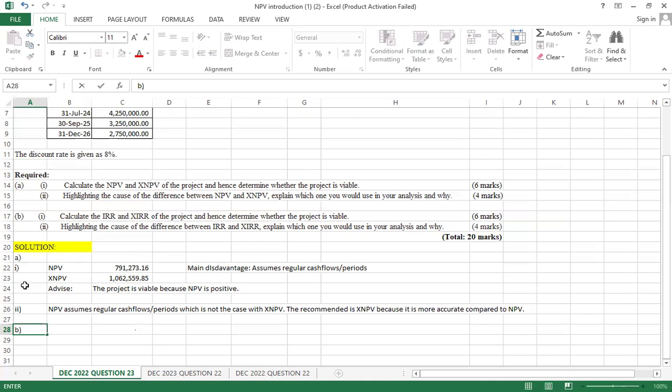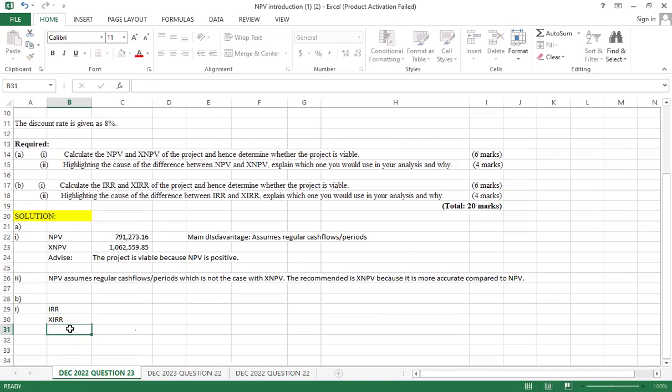Explain which one you'd use in your analysis and why. So in part one, we want to calculate the internal rate of return, and then the X internal rate of return. And then, like before, we need to advise on the project's viability.